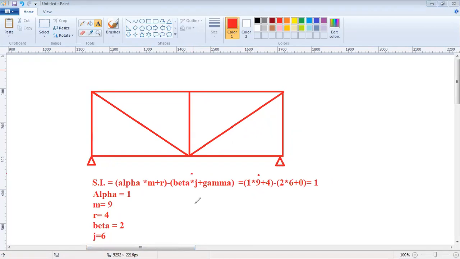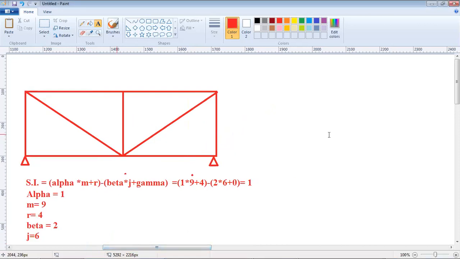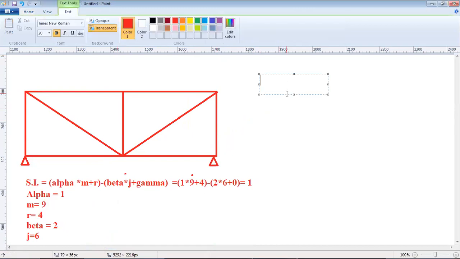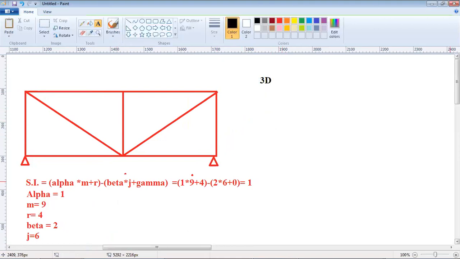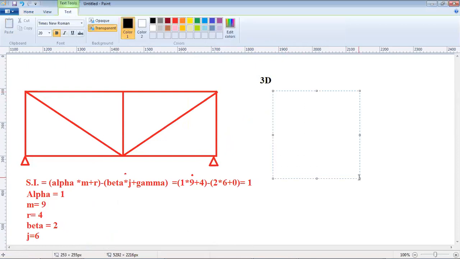Now if you have the same truss acting as a 3D truss. Earlier it was 2D. Now if this is 3D, the only thing that varies is beta. Alpha would be the same, the number of axial reactions, that's 1. But beta, the number of equilibrium equations in a 3D truss, is not 2, they are 3.